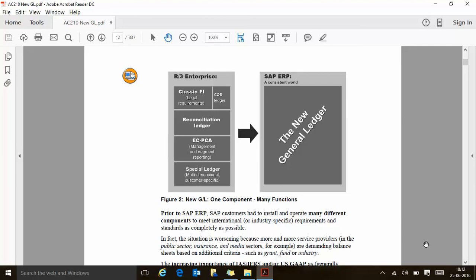Classic FI, we have legal requirement, we have ledger, we have reconciliation ledger, we have ECPCA, which is enterprise controlling profit center accounting, where management and segment reporting sits, and special ledger, multi-dimensional, customer specific. But these were sitting in different boxes. Before new GL, everything was sitting in different boxes.